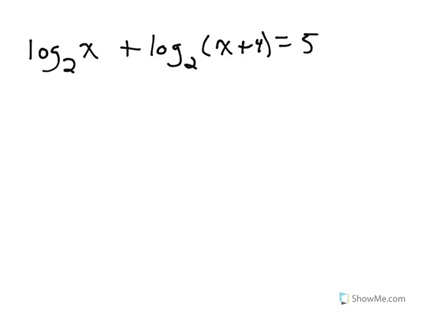Another example, log base 2 of x plus log base 2 of x plus 4 equals 5. Remember our product property. Let's rewrite this as a single logarithm, log base 2 of x times x plus 4 equals 5.